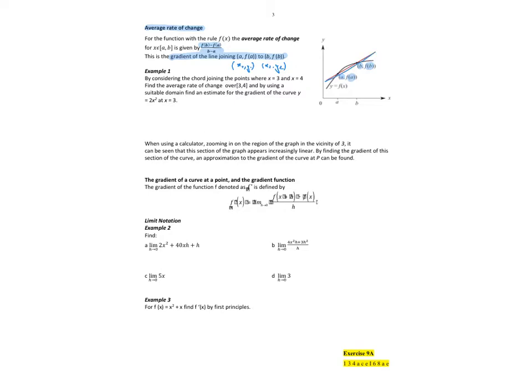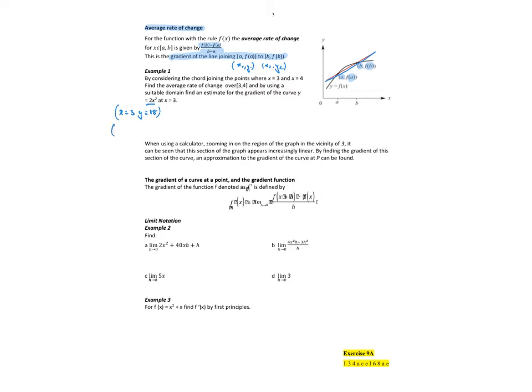All right, where x is equal to 3 and x is equal to 4. Find the average rate of change over the domain of 3 to 4. So often in this case, we get the x value equal to 3, and the corresponding y value we've got to work out. The y value is given by 2x squared. So 3 squared is 9, 2 times 9 is 18. So there's one coordinate.